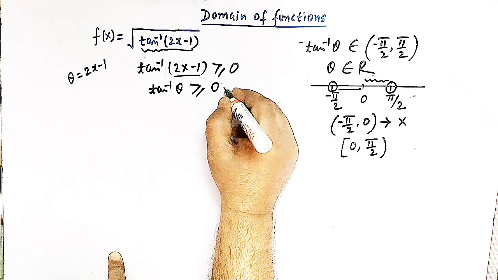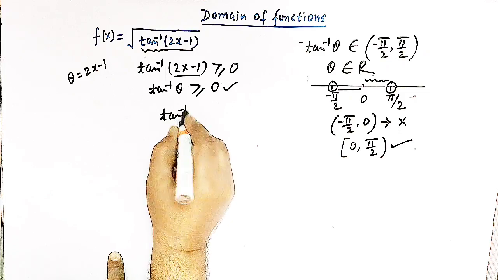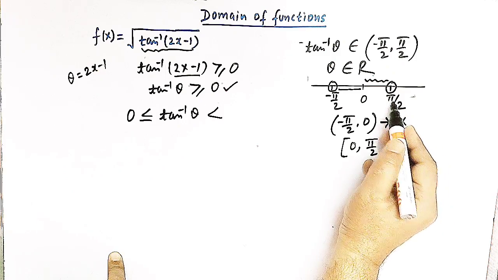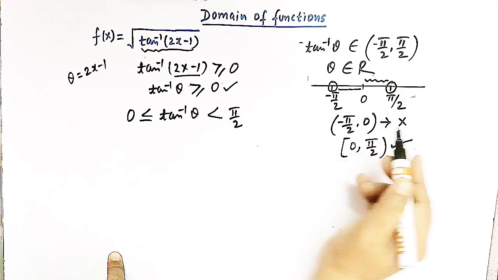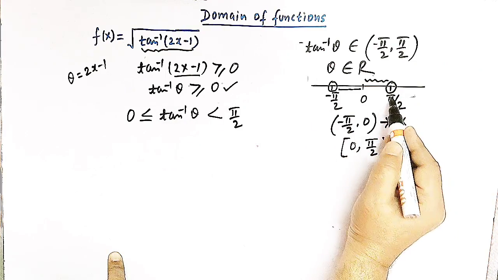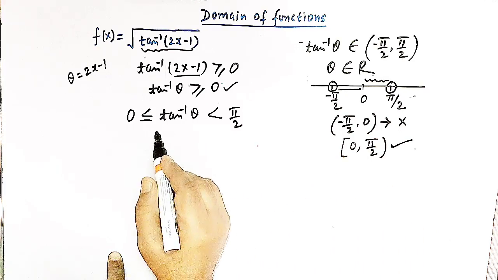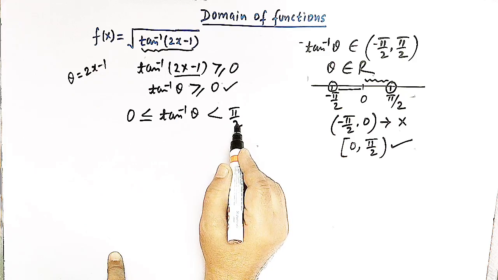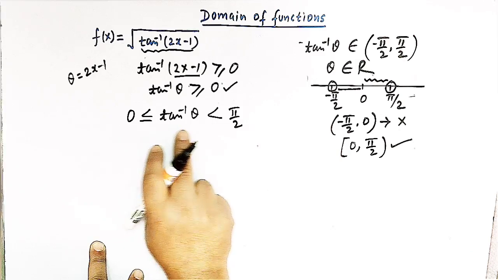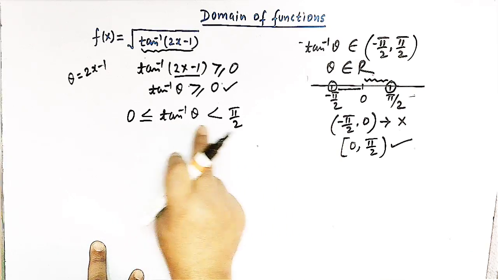If we merge these two aspects, tan inverse theta has to be greater than or equal to 0, but less than pi by 2. We should remember that tan inverse theta cannot take the value pi by 2, because it becomes infinite. So now we have this inequality, and we have to solve it. Let us take the tan function of these three quantities.